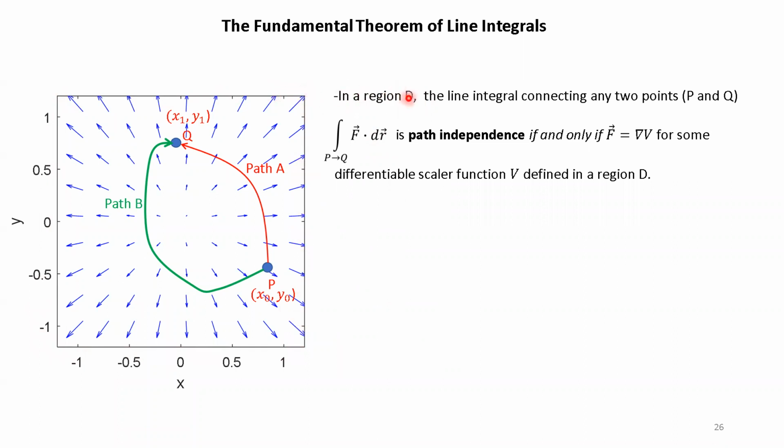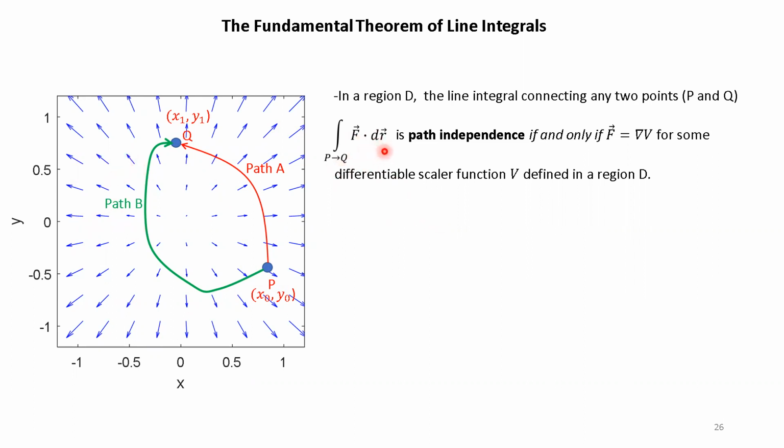The region D can also extend to infinity, depending on what you're considering. But let's say I'm just considering this region here. So the line integral connecting any two points. Here I have this point P, I have this point Q, and you are free to pick any other point as your point P, any other point as your point Q, and I do the line integrals.